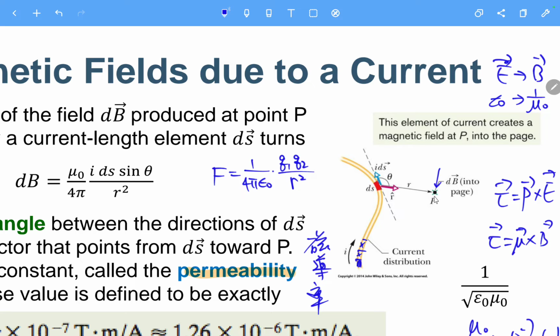To apply the right-hand rule, you follow the direction of IDS, or DS, and then cross it to the R vector, which is from the segment to the point you are concerned with. With the right-hand rule, IDS cross R, your thumb is pointing into the page.